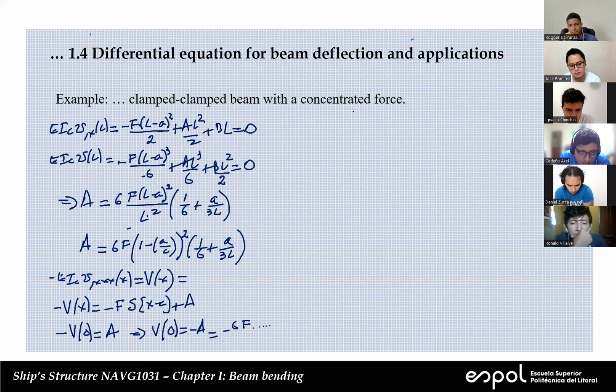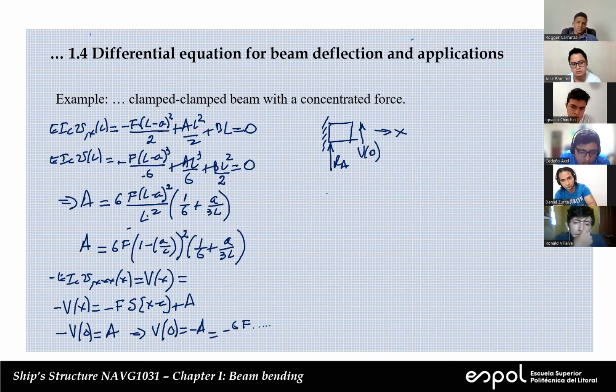And now we interpret this. So on the left-hand side, we have the support here, and we have a reaction here that we do not know. We may cut very close to the end. This is x. And here, I put the shear force. So we know that they have to be in the same direction.